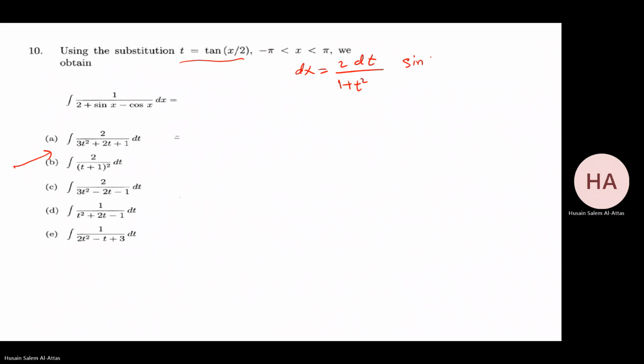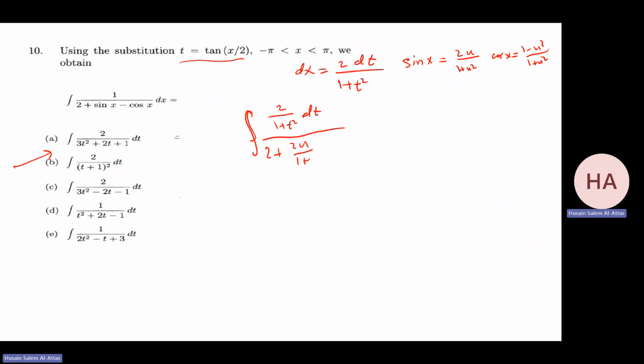Sine x will be 2u over 1 plus u squared. Cosine x is 1 minus u squared over 1 plus u squared. Okay, plug the things in. You have 2 over 1 plus t squared dt over 2 plus 2u over 1 plus u squared minus 1 minus u squared over 1 plus u squared.